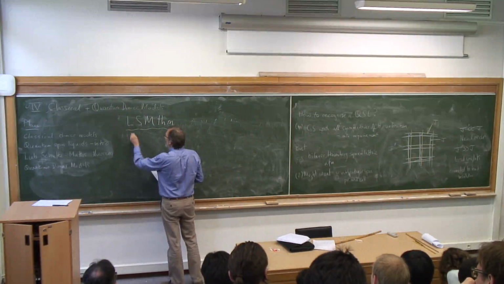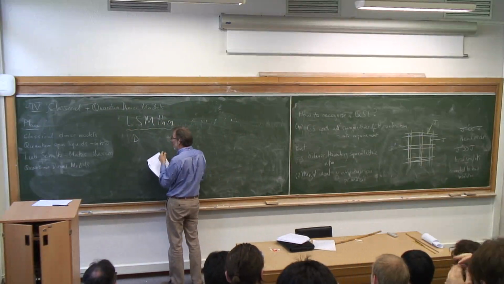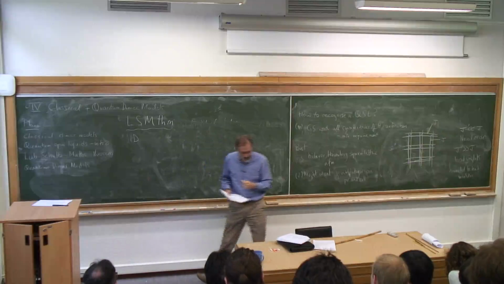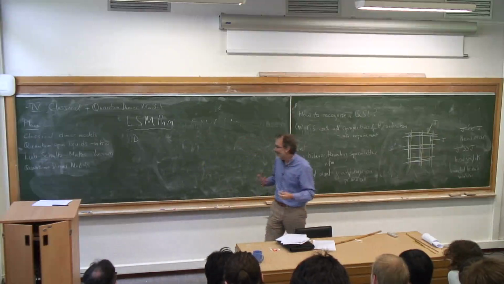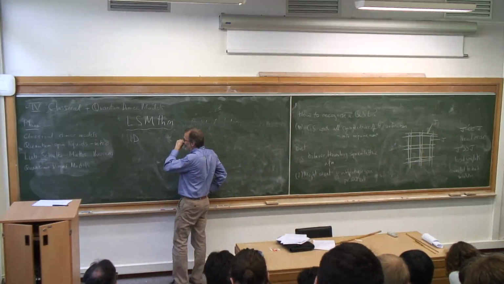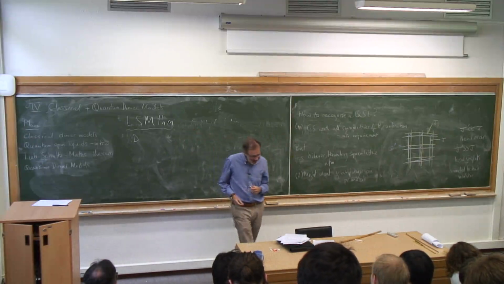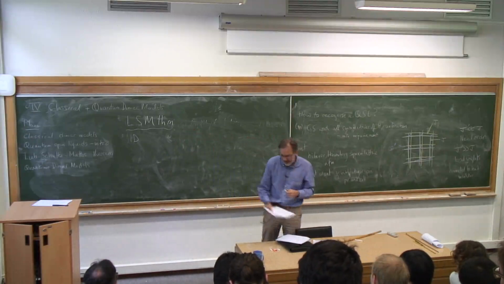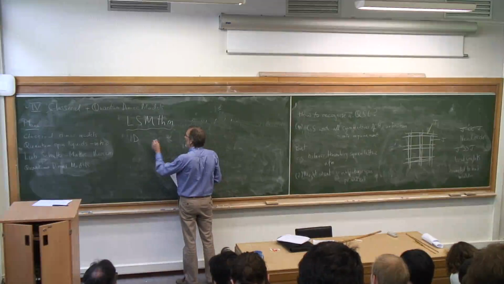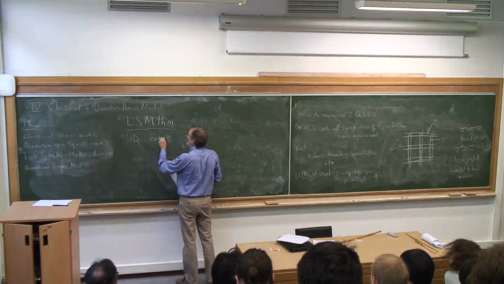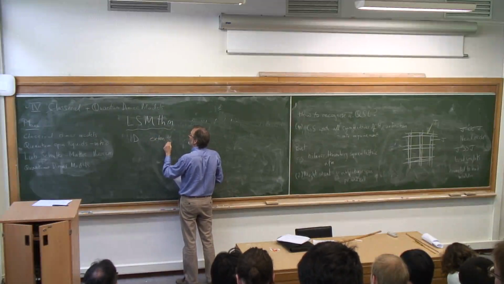So what I'm going to talk about is the original version in 1D, and then I'm going to say a few hand-waving words at the end about how it extends to higher dimensions.